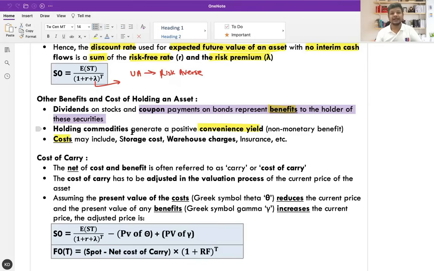Right? This convenience yield is only and only possible in the case of commodities, because of having commodity inventory at hand when there is a shortage of it in the market. Now let's assume that there is a shortage of crude, right? In that case, you are holding a futures contract on crude and I am holding a physical spot position in crude. Me having the crude in my storage right now is better than you having a futures contract, because your contract is uncertain.